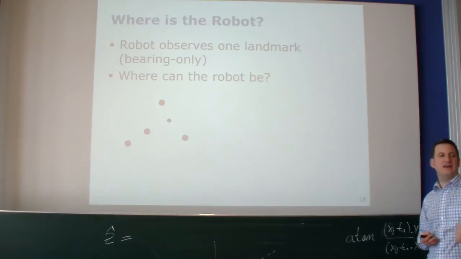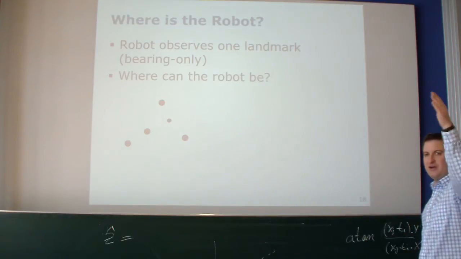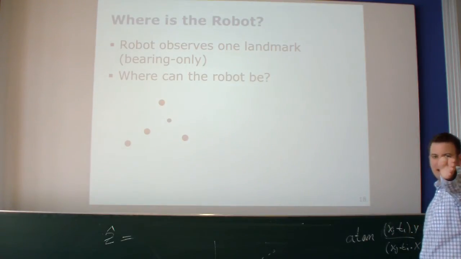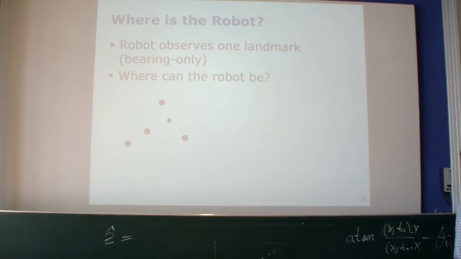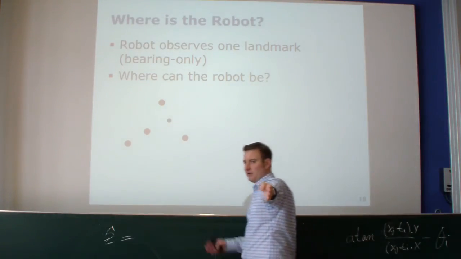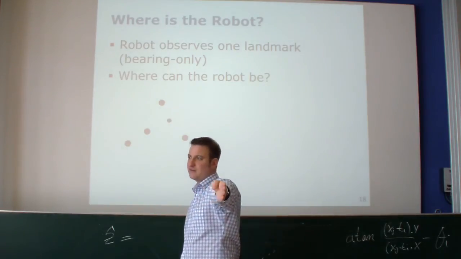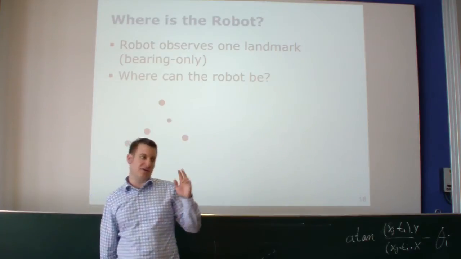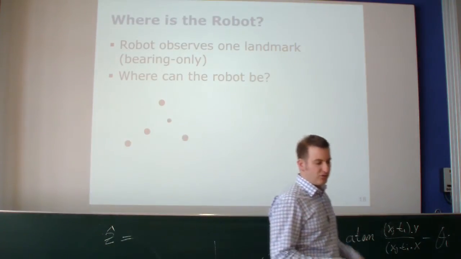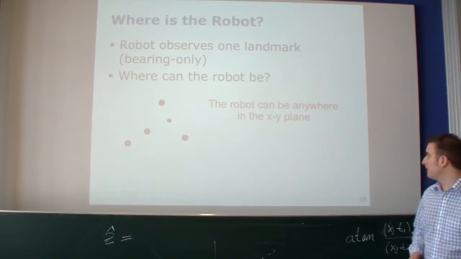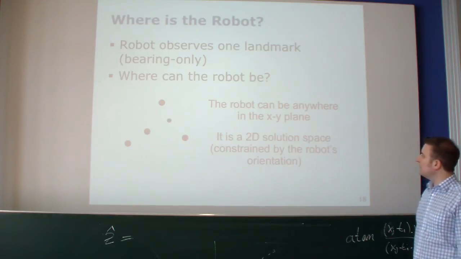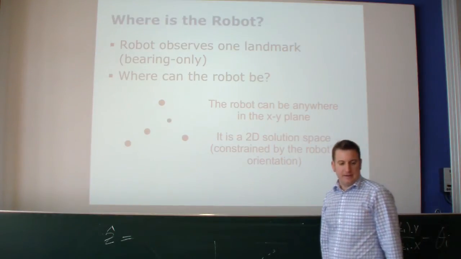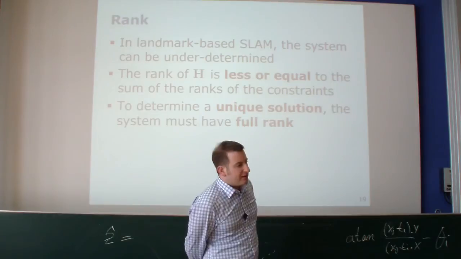If the camera here is my feature I observe in this direction, I can move away from the landmark, because I don't know anything about the distance, or I can move on a circle and again change the distance. So I can be anywhere in the xy space, only constrained by the observation. So I have a 2D solution space here. Okay, so what does that mean?